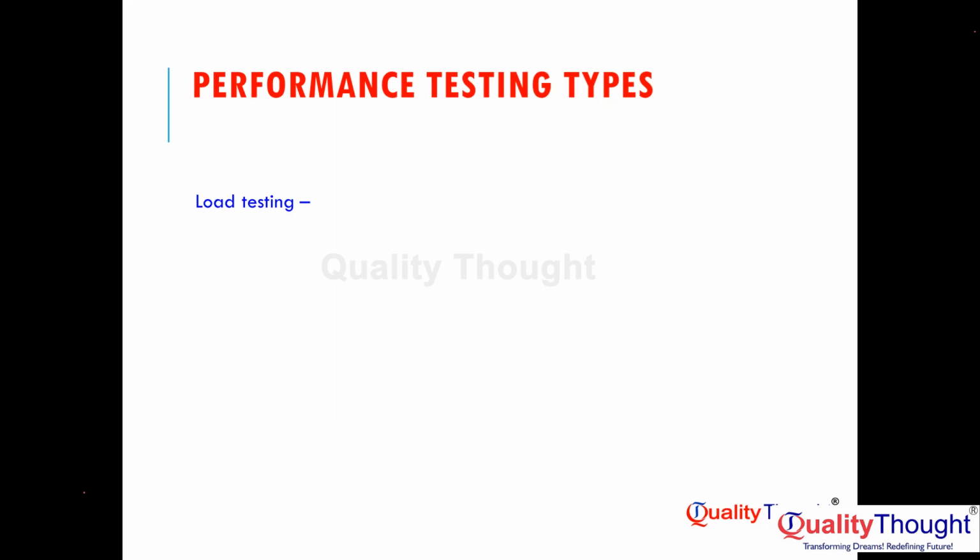Now, how do we conduct performance testing? In real time, we classify performance testing into 4 main types. First is load testing. Second is stress testing. Third is spike testing. Fourth is endurance testing.